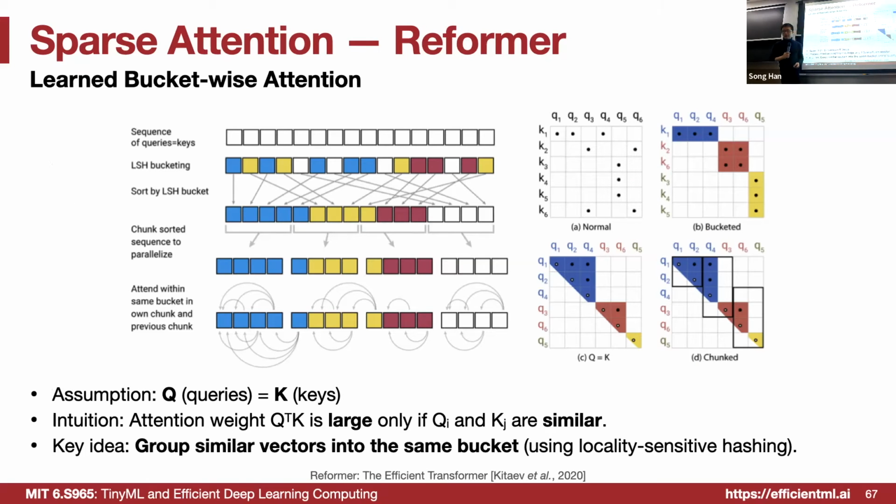All right, so next, we also have this kind of sparse attention in Reformer. So again, remember this attention matrix. We can have this bucketed solution where the first bucket only attends to itself, and the second bucket only attends to the tokens in the second bucket. So how do we enforce such bucketing?